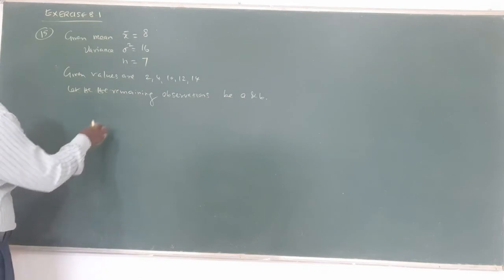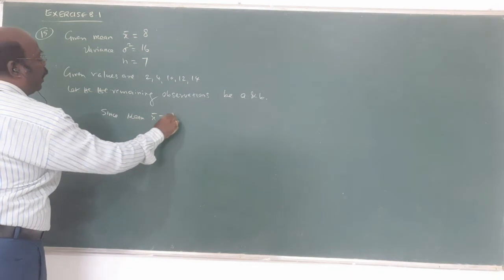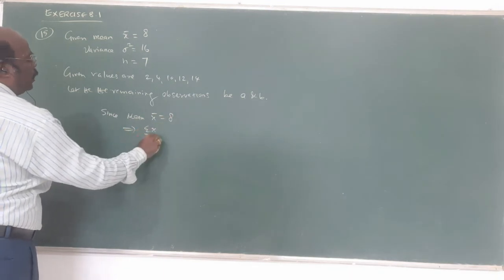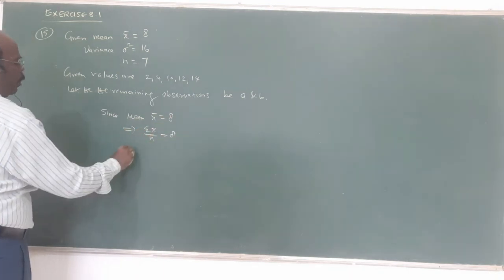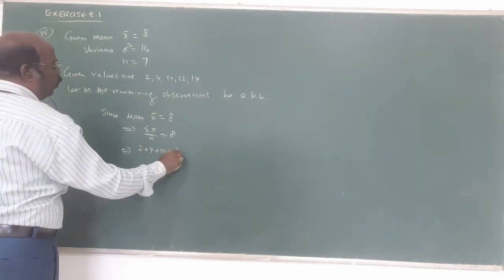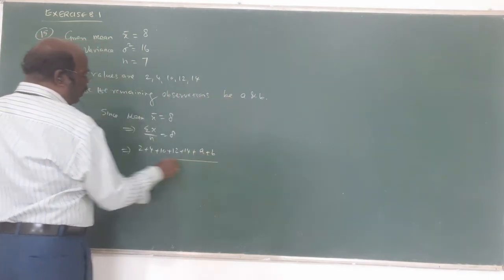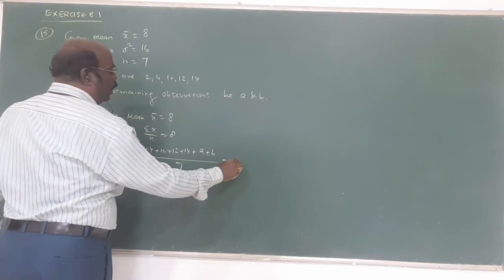Alright? The first one: since mean x bar is 8, what is the formula? Sigma x by n. Adding all values: 2 plus 4 plus 10 plus 12 plus 14 plus the remaining values A plus B, divided by n, which is 7, equals 8.